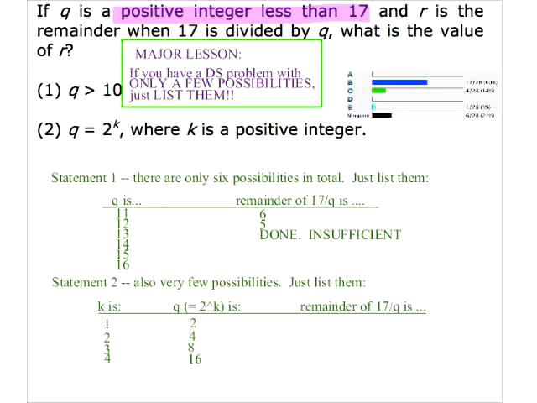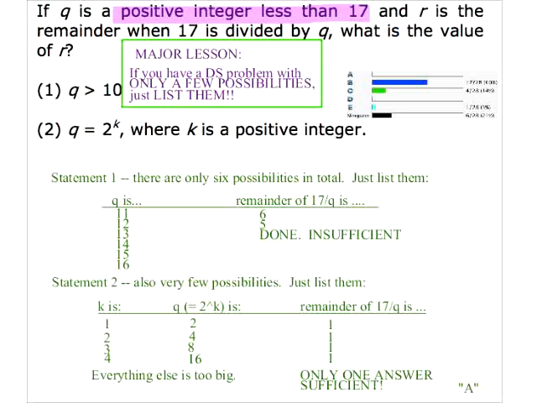Everything else is too big. So we just have to find the remainders here. This is an exhaustive list. 17 divided by Q, the remainder is 1. This remainder is 1, this remainder is also 1, this remainder is also 1. So there's only one answer, and so that's sufficient. So the overall answer here is A.